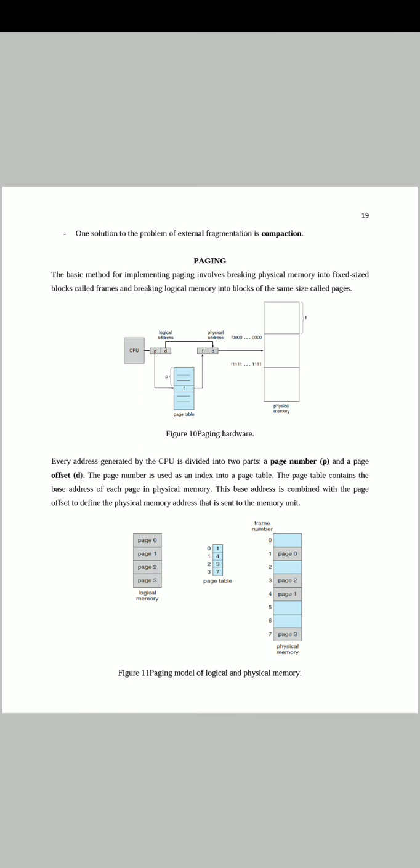If you see the last row, the third index, that is the third page number, has the frame number as 7. It means that in the 7th frame in your physical memory you are going to store page 3. If I want to access page 3 from physical memory, it has to map with the page table. From there our CPU will get the value of page 3 by referring to frame number 7.